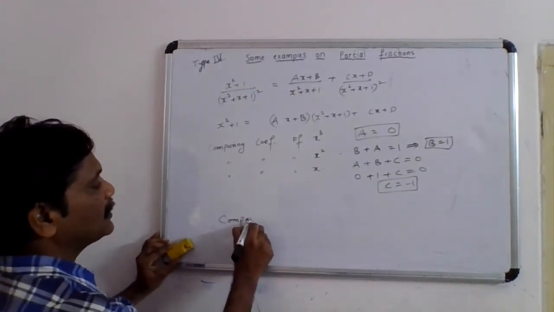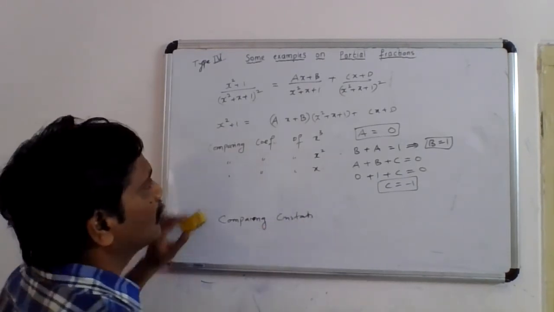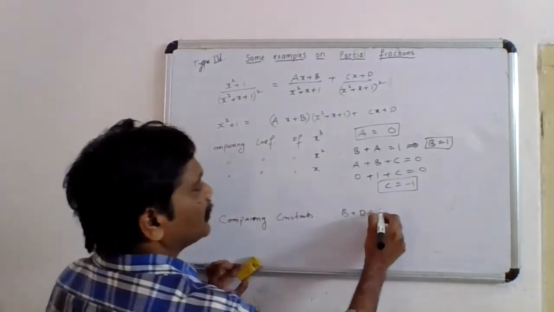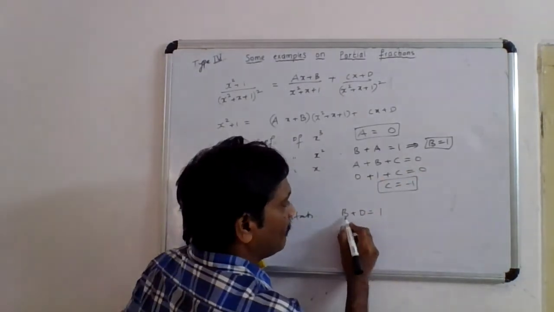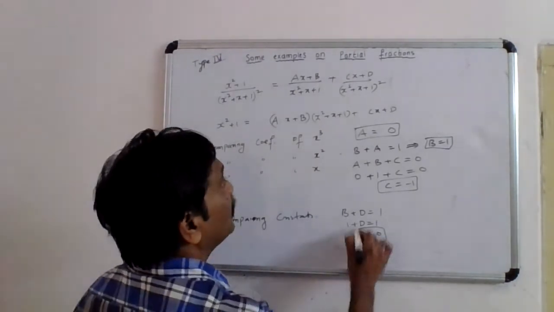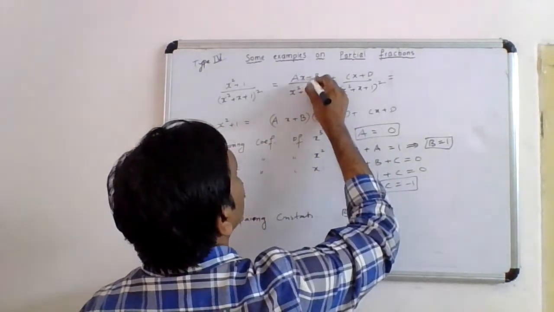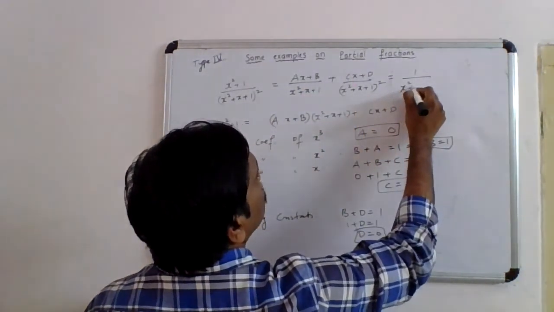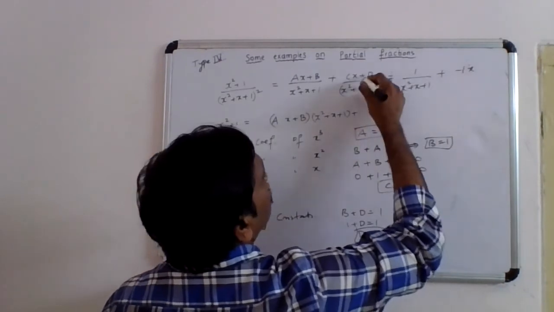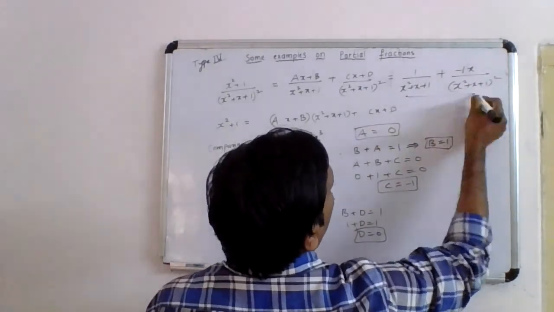This time comparing constants, so b plus d is equal to, here constant is 1, already b is 1, 1 plus d is equal to 1 means d is equal to 0. Now substituting these values here, a is 0 plus b is 1, so 0 plus 1 is 1 by x square plus x plus 1 plus c is minus 1 into x plus d is 0 by x square plus x plus 1 whole square. Now this is our answer.